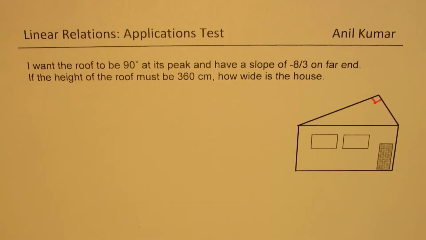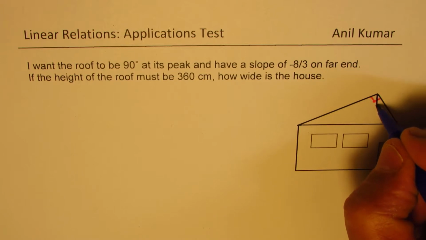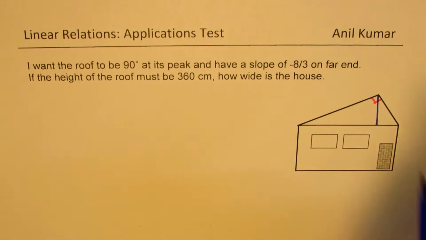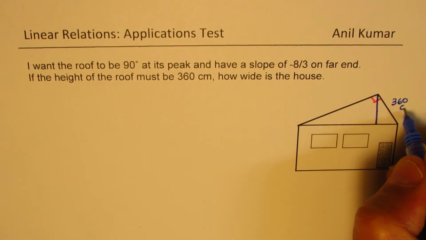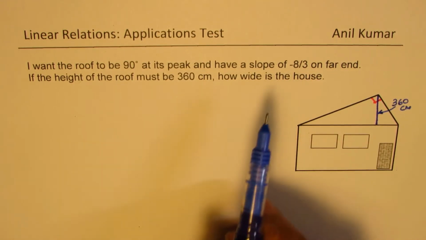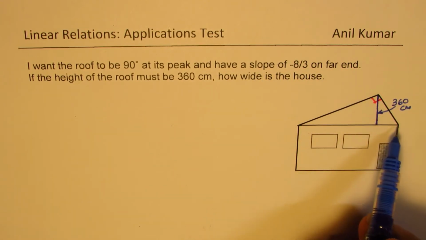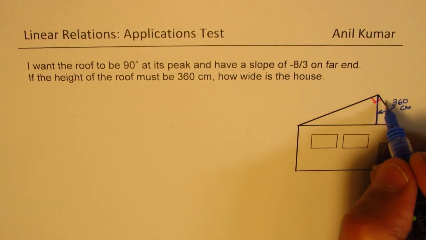Now, referring to this diagram, we are given that this height of the roof should be 360 centimeters, right? So that we want as 360 centimeters. We're also given that the slope of the far end, which is falling, going down, is minus 8 over 3.